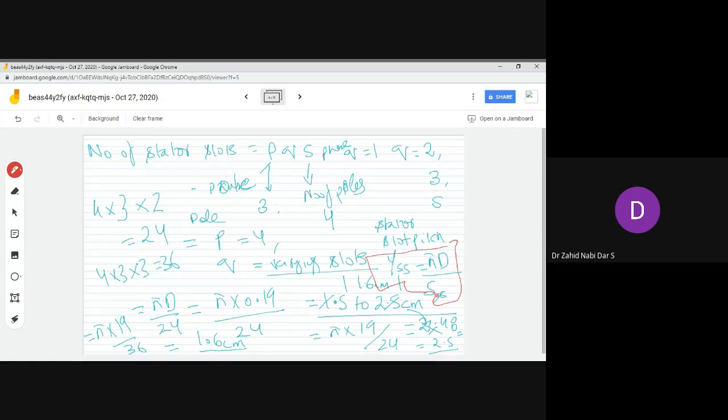SS I wrote in terms of P, Q, and S, where P is the poles.